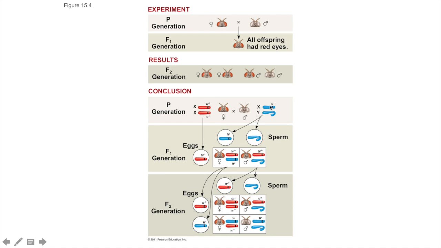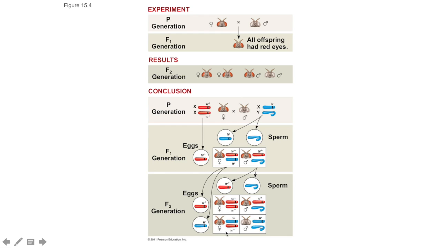So what he reasoned was that the males could pass on either an X chromosome or a Y chromosome, just like our dads can pass on either an X chromosome or a Y chromosome. Our mothers, who have 2 X chromosomes, can only pass on an X chromosome, which meant that at the end of the experiment, only the males who only had 1 copy of that white allele would have the trait.